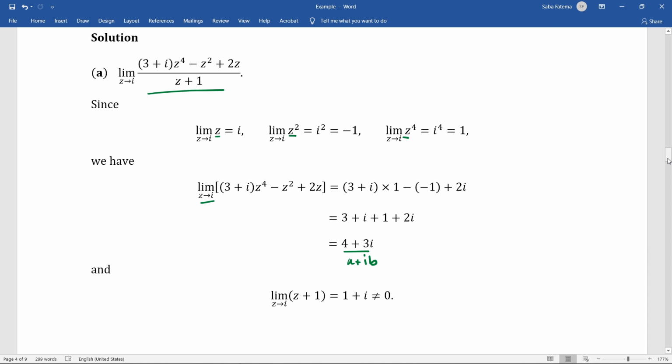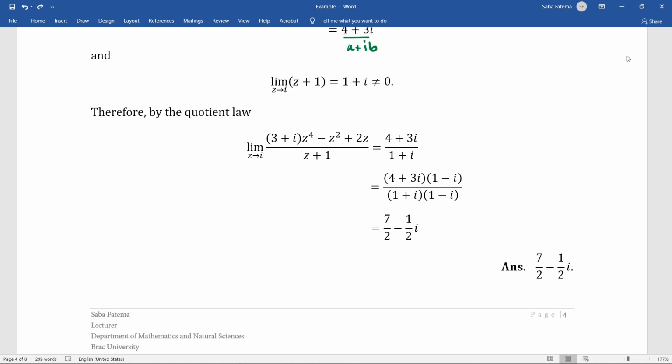And in a similar way, we also find the limit of the denominator. Here, one thing should be noticed, that the limiting value of the denominator is non-zero. So, by the quotient law, that is, the limit is applicable for both the numerator and denominator, we get this one.